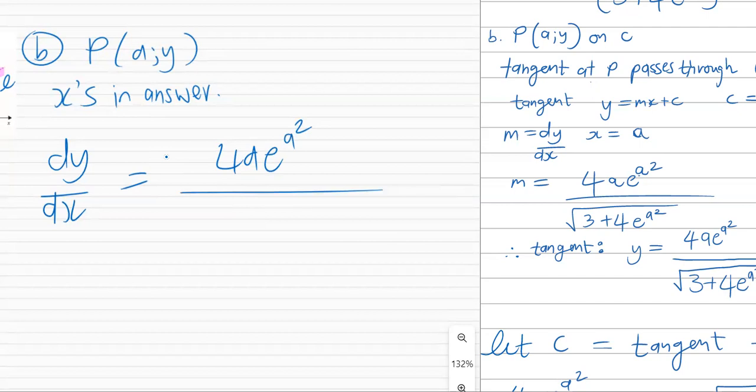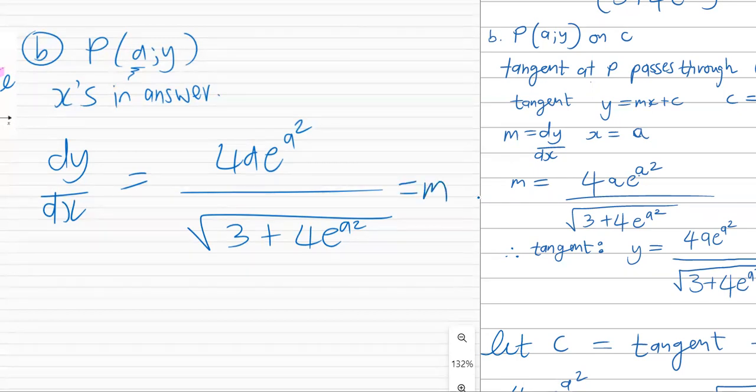I've just substituted the A in, and I changed the square root just to keep with what I did before. It's the same thing as what we had before, just that the power of a half is now a square root. So nothing's changed. So we know that this is the gradient of the tangent line.